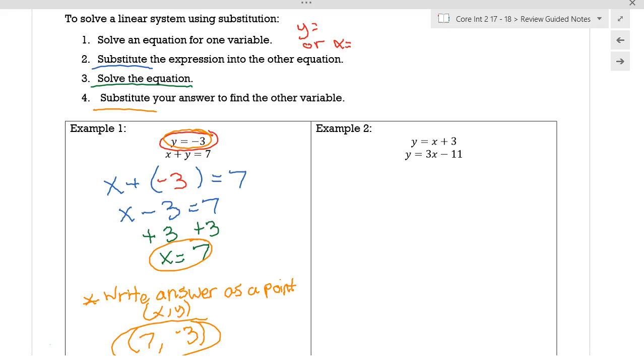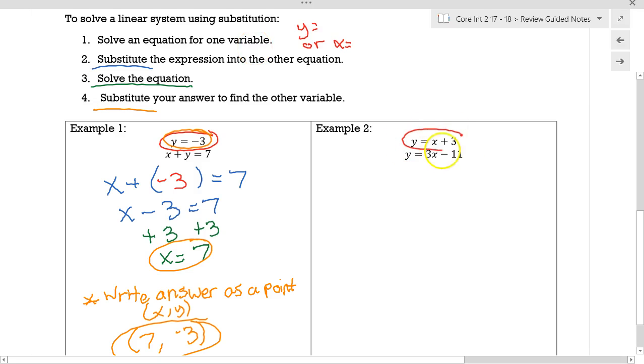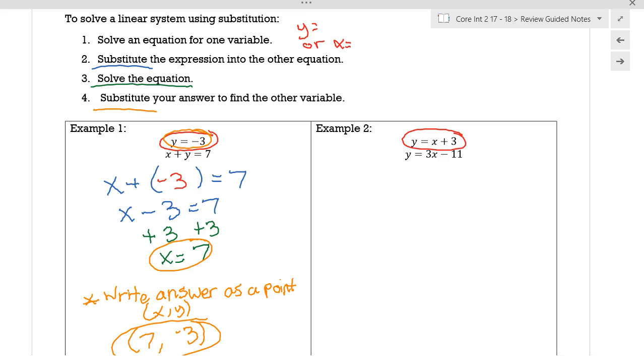Looking at example 2, I have y equals x plus 3 and y equals 3x minus 11. Again, I already have something equal to y, so that's my first step. My second step, substitute the expression into the other equation. Again, I have a y equals, so where this y is, I'm just going to put parentheses, equals 3x minus 11.